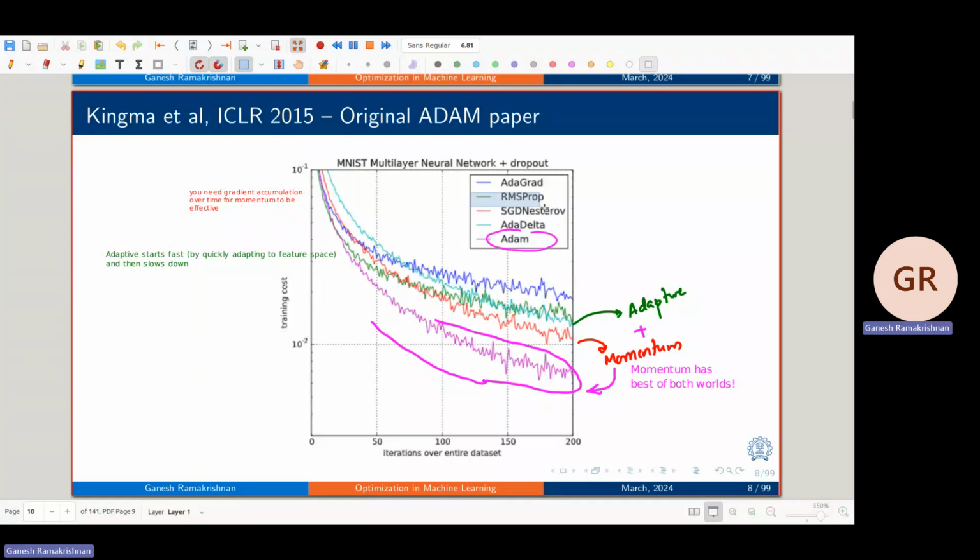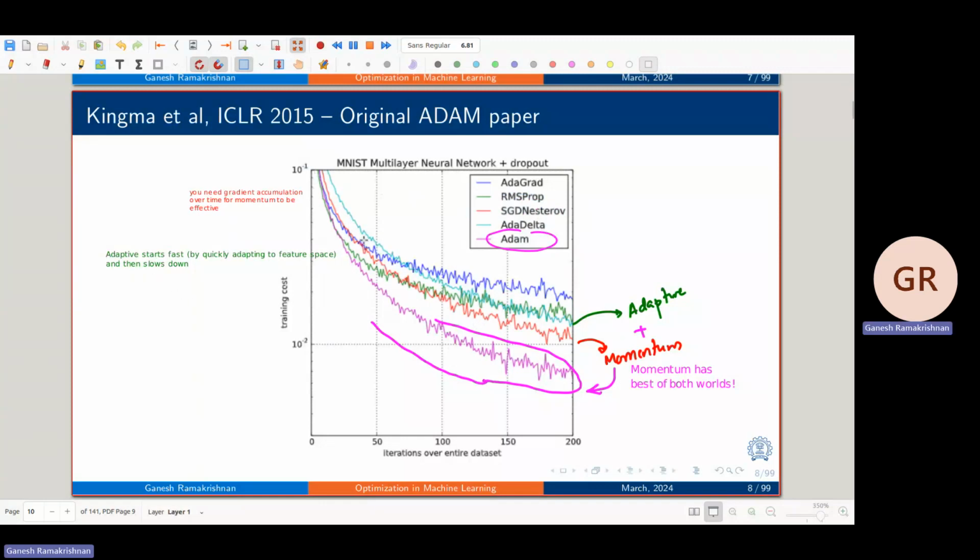So stochastic gradient descent with Nesterov doesn't involve any adaptive step, it is just momentum. And what we find is you need some gradient accumulation over time for momentum to be effective. So it starts out slightly bad, and it takes some time for it to emerge as a winner, the red part, right?